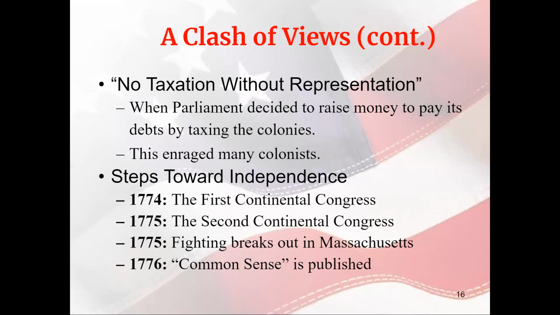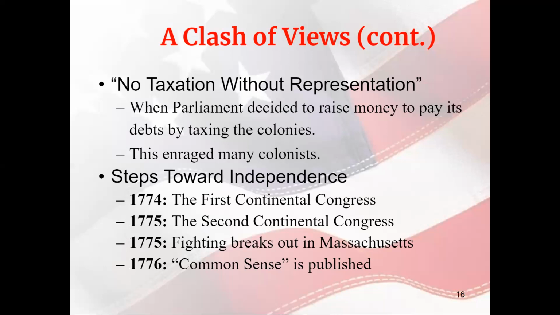And that's where we get this slogan, no taxation without representation. Representation meaning what? Yeah, they want to be represented within Parliament. So if they aren't allowed to participate in Parliament, they shouldn't be taxed. That's what they're saying here: no taxation without representation.